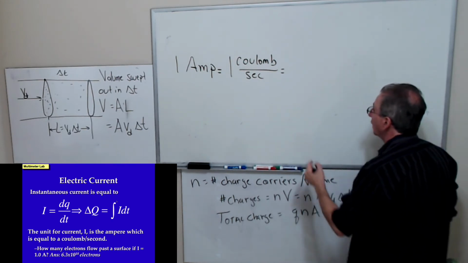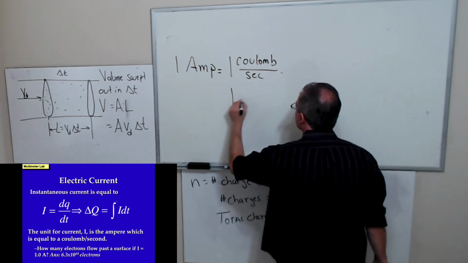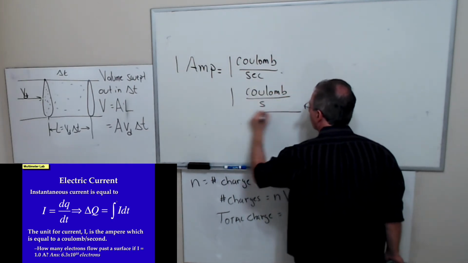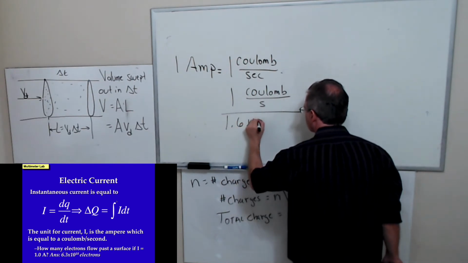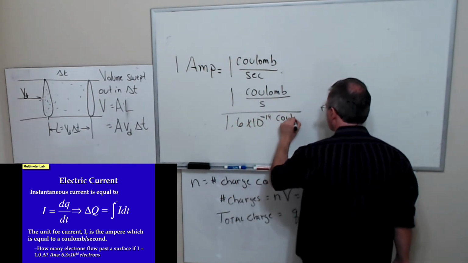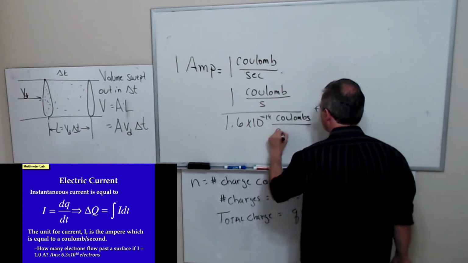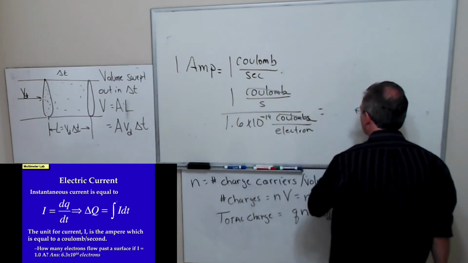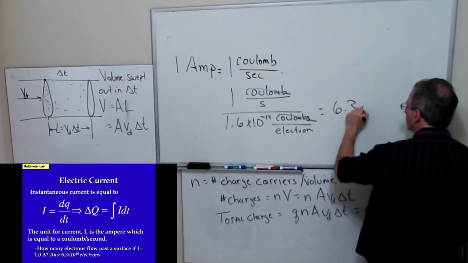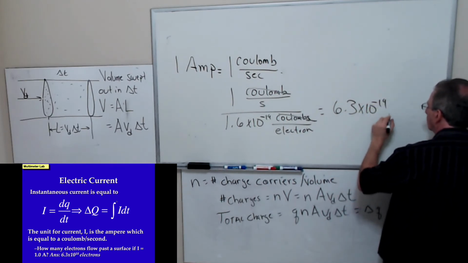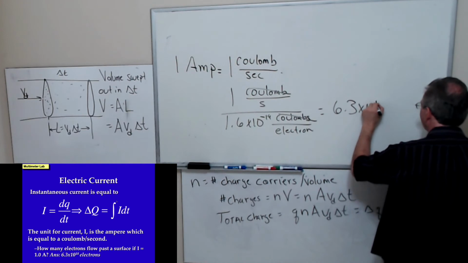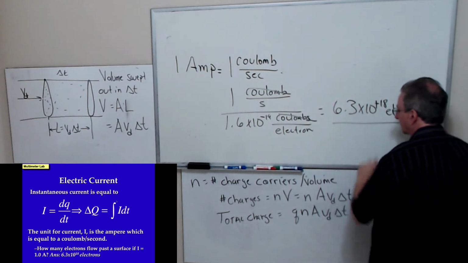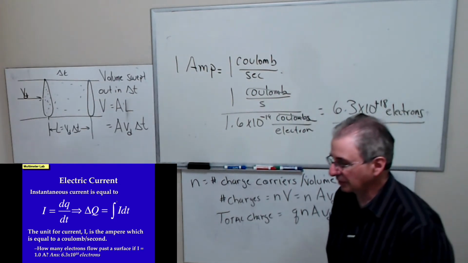Okay, so I'm going to take 1 coulomb per second and divide by 1.6 times 10 to the minus 19 coulombs per electron. The coulombs will cancel, the electron will come up here, and this will give me 6.3 times 10 to the plus 18 electrons. So when you have 1 amp of current, you have that many electrons going through your wire.